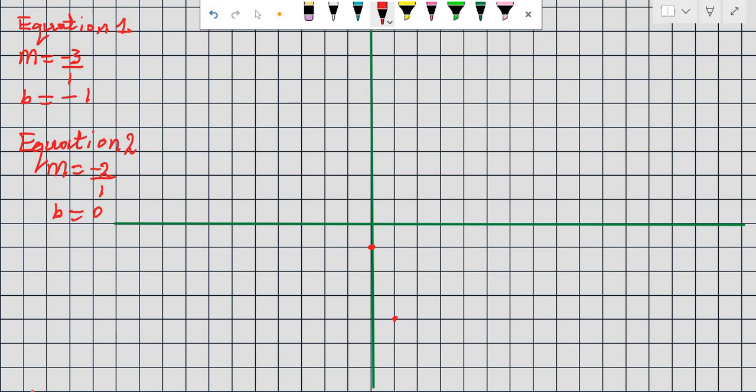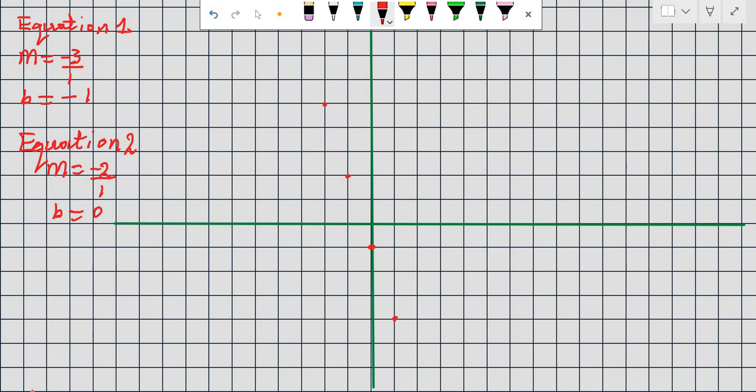We can also count 3 steps up and then 1 step to the left. So 1, 2, 3, 1 step to my left. Okay, so we have enough points. These points are enough to plot the graph.